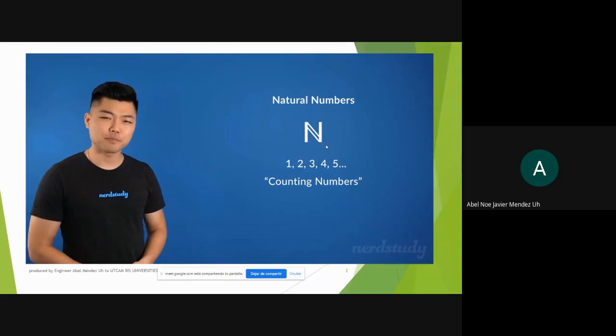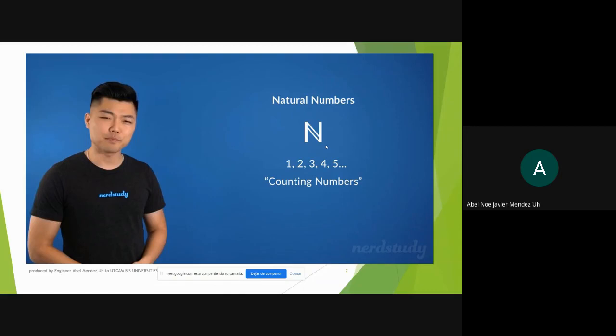For example, the number 1, 2, 3, 4, 5, and so on. Why are they named counting numbers?